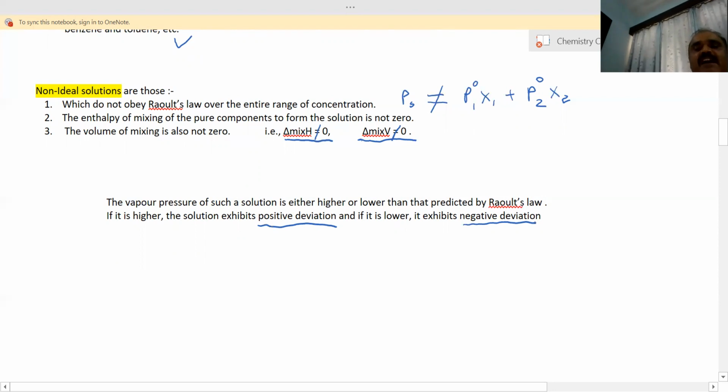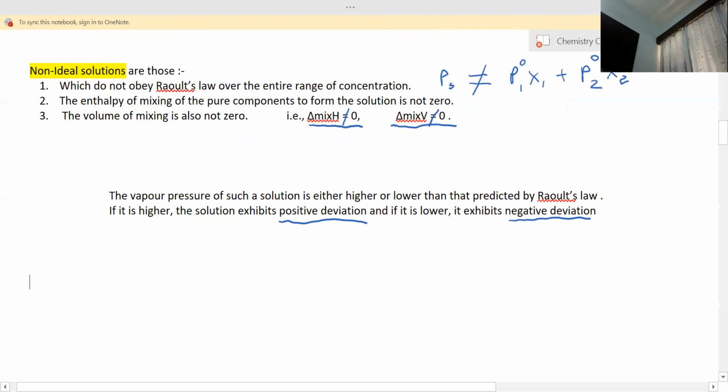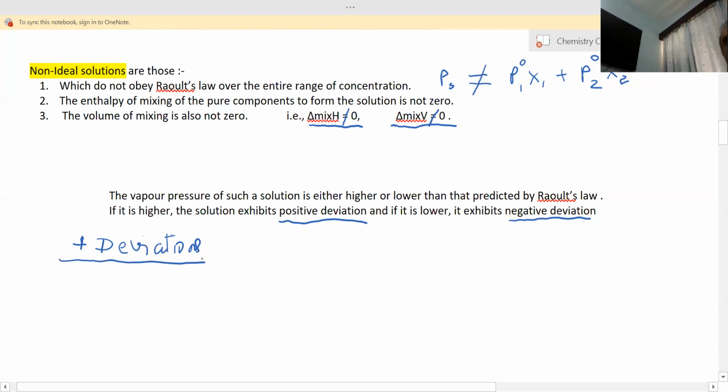Now you can say that there are two types of deviations exhibited by non-ideal solutions. So solutions having positive deviations have all positive conditions.